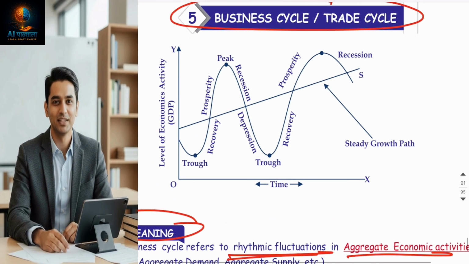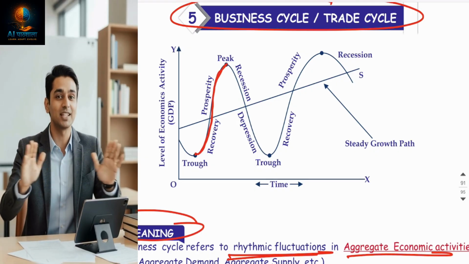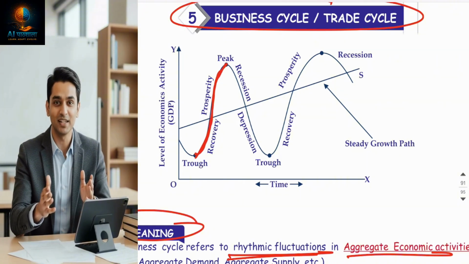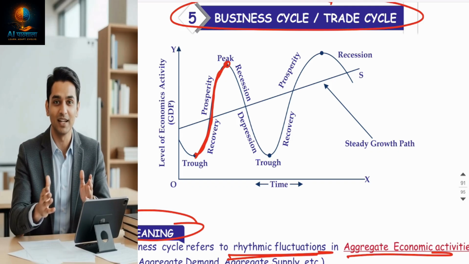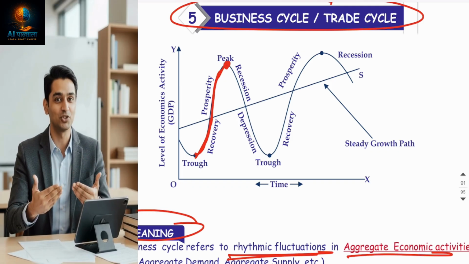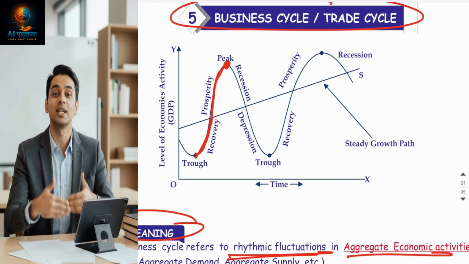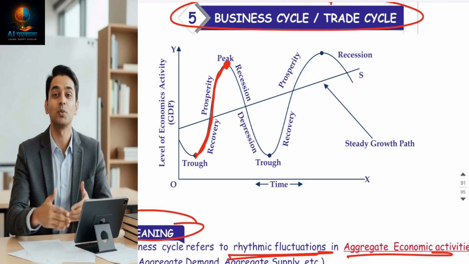See this diagram. Initially, this is the first phase. It is called expansion or prosperity. But as per the economic theory and practicality, expansion cannot be unlimited. Somewhere expansion will reach the highest point, that is called peak. Peak means it is the end of expansion. This is the highest level of capability the country can achieve.